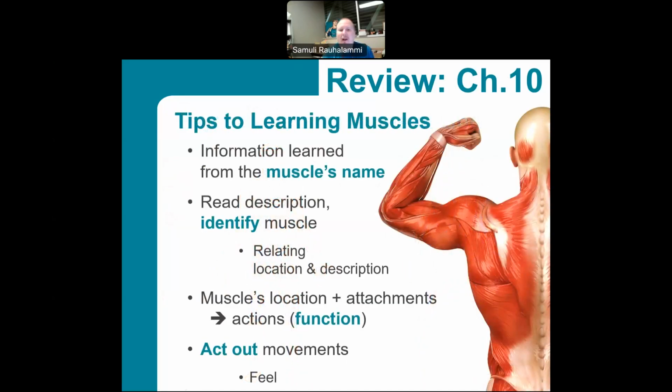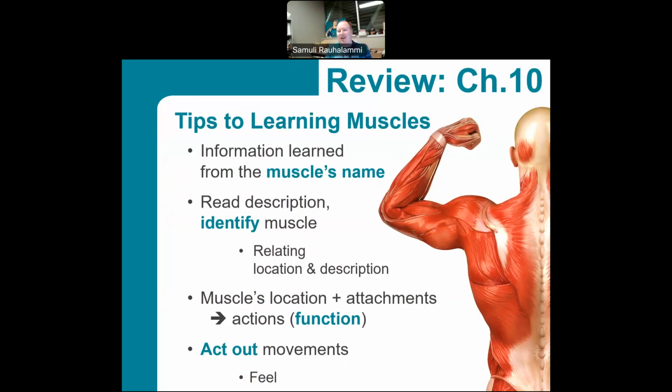I wanted to give a couple of quick tips for learning muscles. Remember, we can get a lot of information about the muscle based on the name of the muscle. So read the description and also identify the muscle in the body. It is really useful if you can relate the muscle to its location and its description. That often gives you a clue.